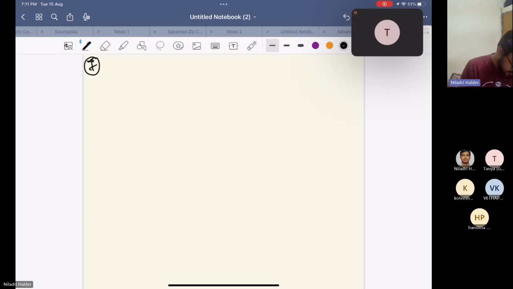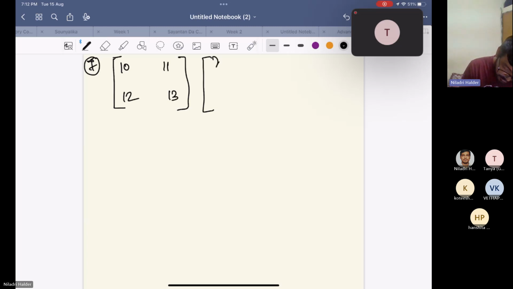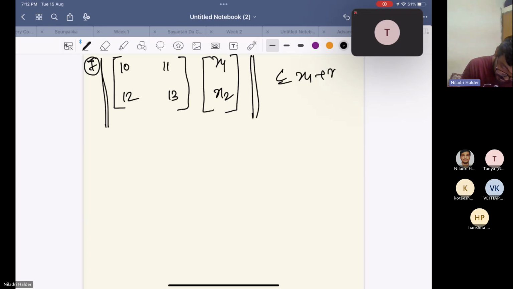Then the second question is, suppose there is a matrix, some 10, 11, 12, 13, and x1, the norm is less than or equal to x1 plus x2.